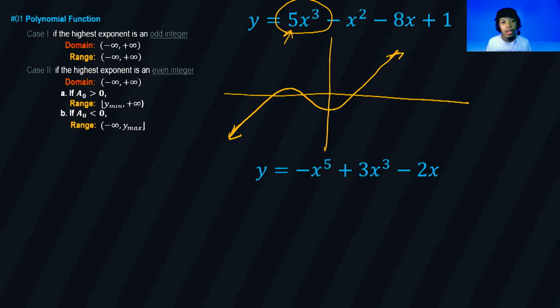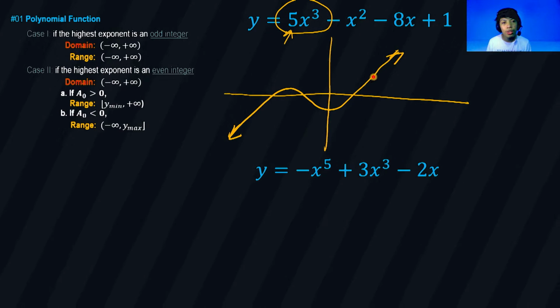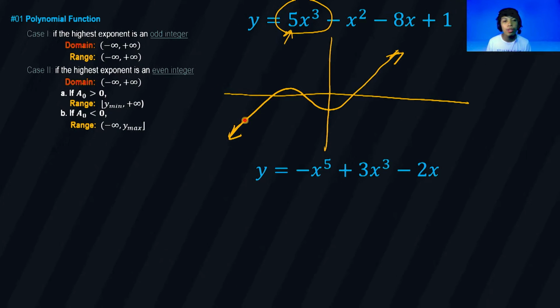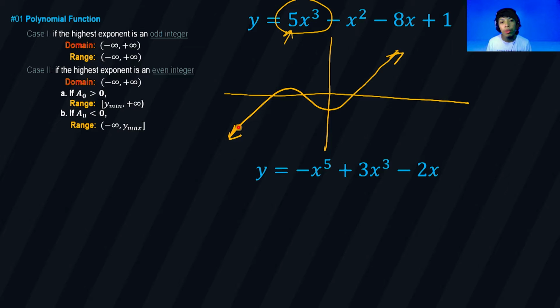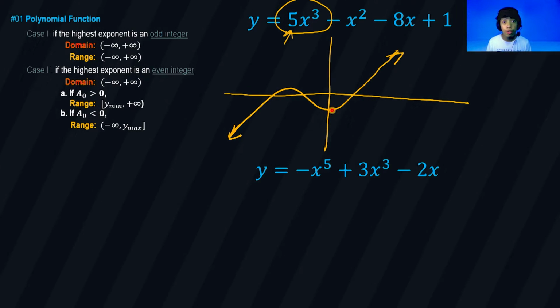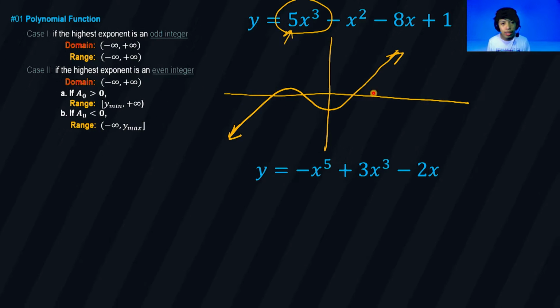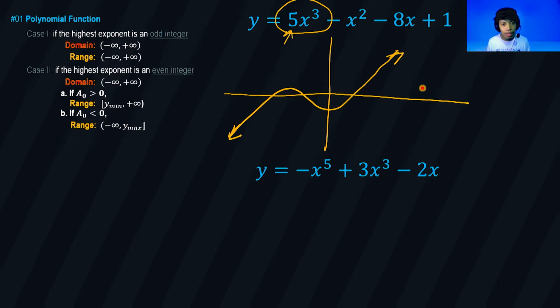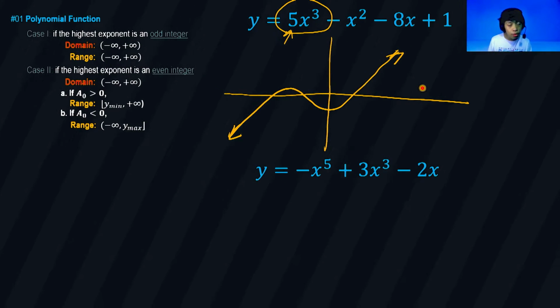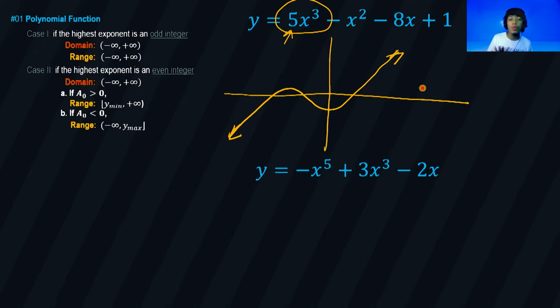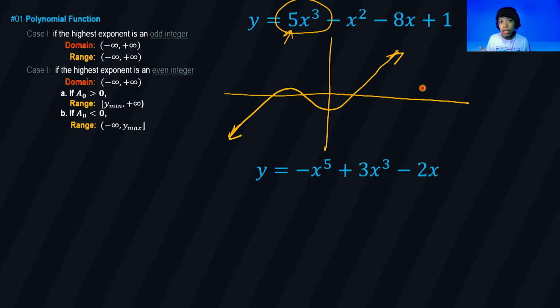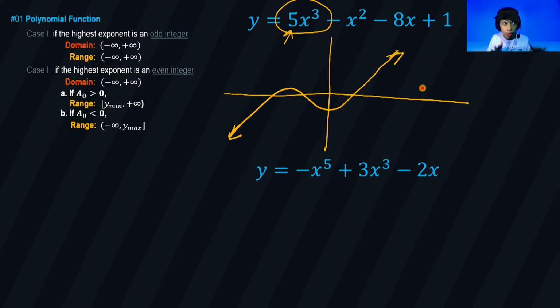Now this graph would go on there forever. Same here. It would go on this way forever. It would not end, okay? Therefore, looking at the graph of this function, your values for x will be from negative infinity to positive infinity.